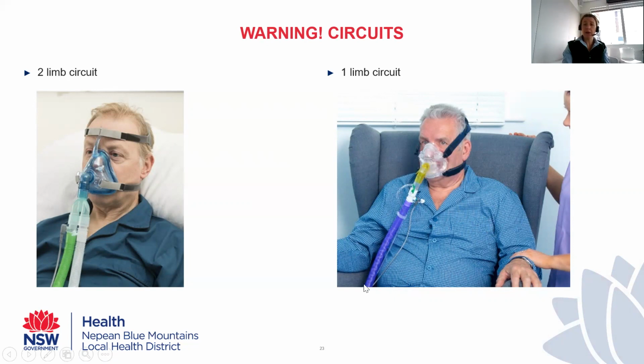So if you have a 1-limb circuit, you have to have a way that gas flow and CO2 can passively escape this circuit. So it cannot be a sealed circuit. Now, in COVID times, some units have a little filter that goes on the exhalation opening, because obviously as that gas flow comes out and the air is expired, it comes out into the room air.